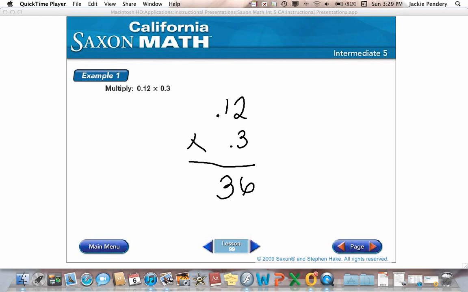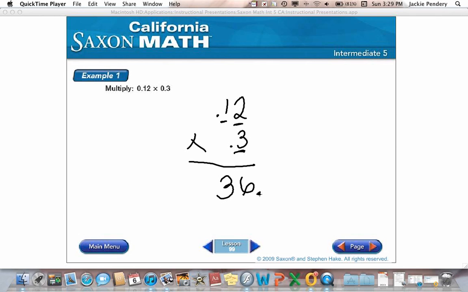So I see up here in my first problem, I have 1, 2 numbers to the right of the decimal. And here in my other, I have a third decimal number to the right of the decimal. So that means I have to move my decimal 3 places to the left.